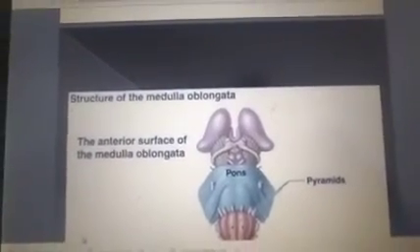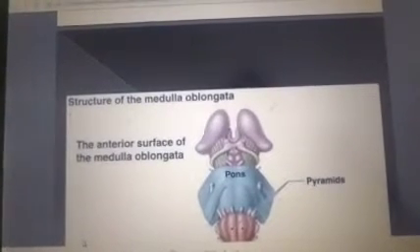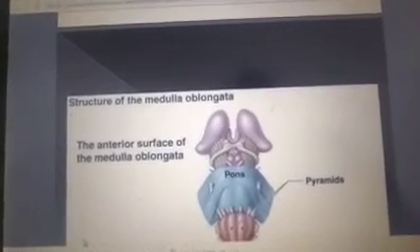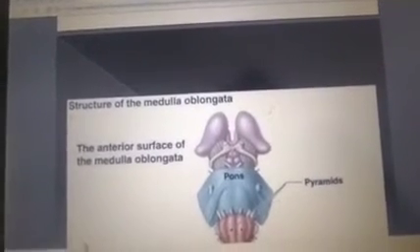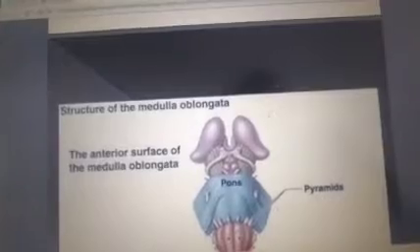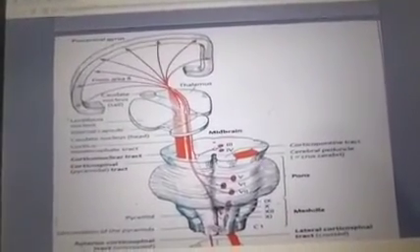So this is the basic structure of the medulla oblongata, the anterior surface of the medulla oblongata, and beneath that you have the pons, and below that there are the pyramids. Then the fibers passing through this are called pyramidal tracts.